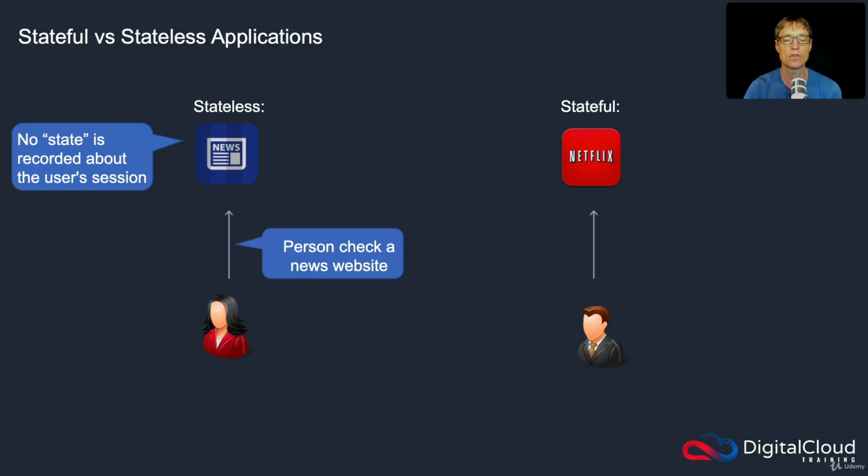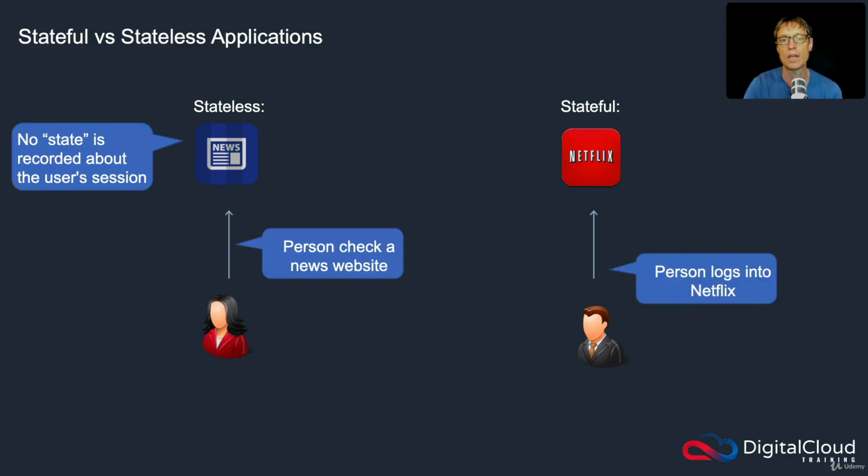The user has gone to the website, they've looked at a few articles, but there isn't any information recorded on the news website about that particular user. So if that user goes to another computer or even just checks in later on that day, the website does not change because it's going to just present the same information. It doesn't know anything about this user. It hasn't customized its response or customized the content that it's going to present.